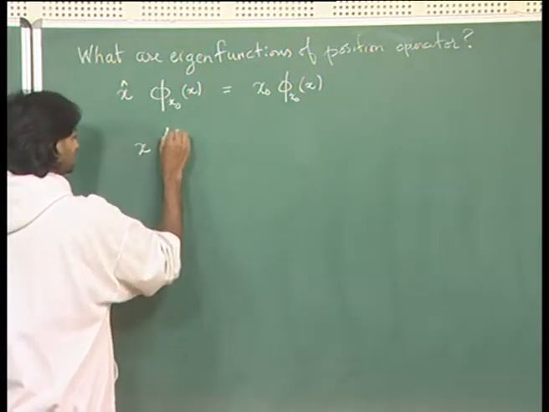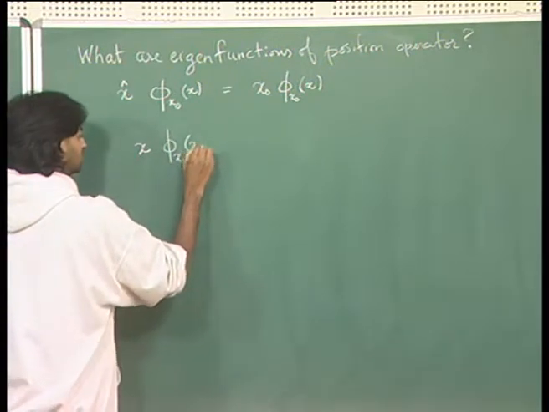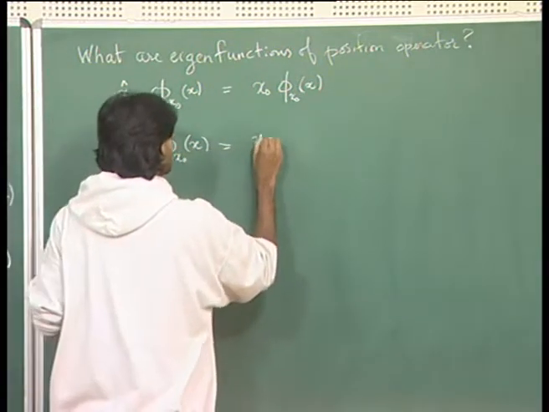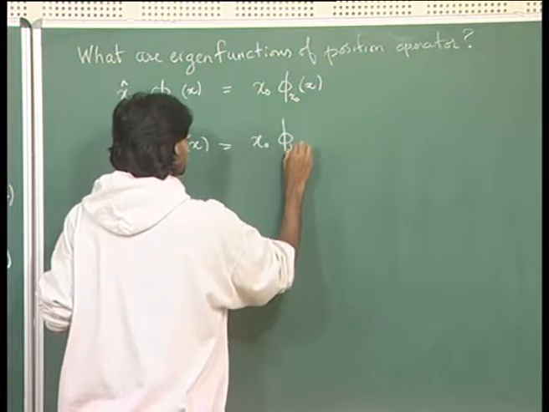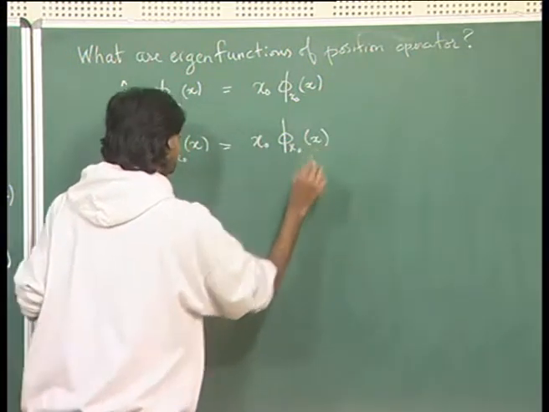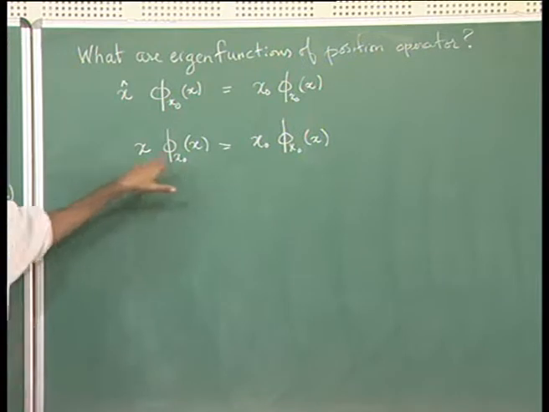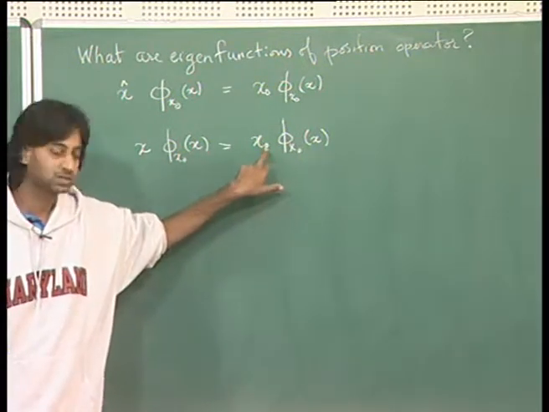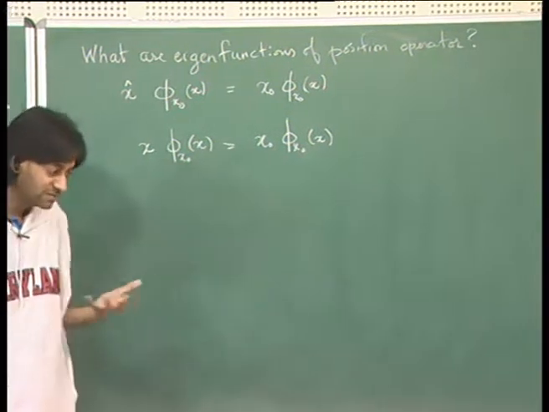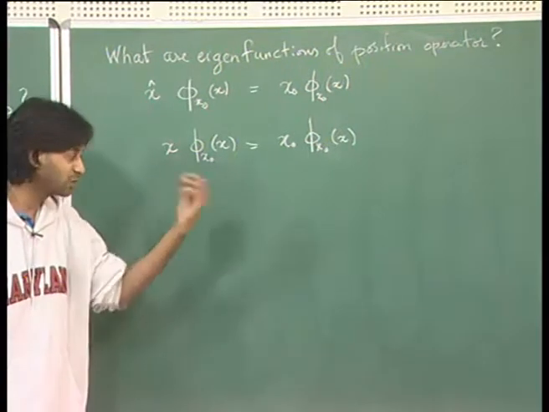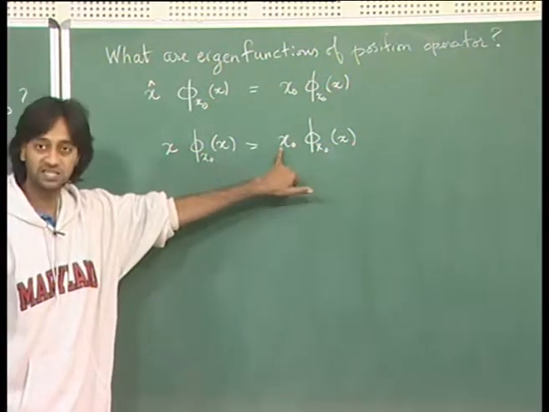So, x multiplied by phi x0 of x is equal to x0 times phi x0 of x. So, the eigenfunctions of position operator are such that when you multiply by x, it is the same as multiplying by x0. So, this is the eigenvalue. That means, when you make a measurement of position, you ask where the particle is, your answer is x0.